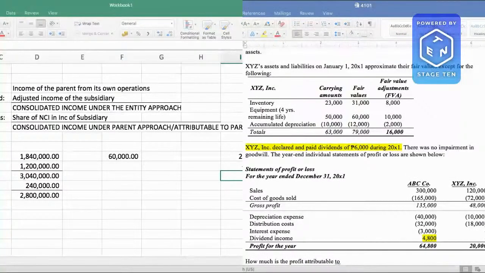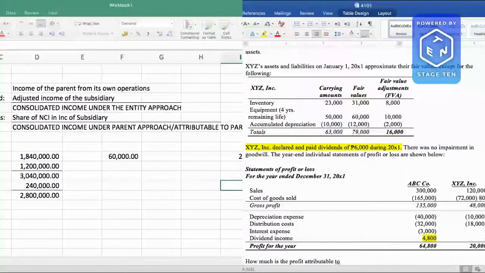So we would have to deduct 8,000. Okay, I hope this makes sense to you. Okay, here it's 72,000, but the consolidated entity believes that this should be 80,000. Let me just type the comparative.